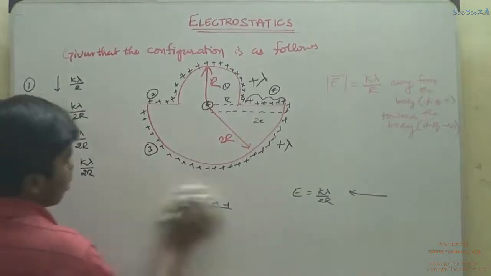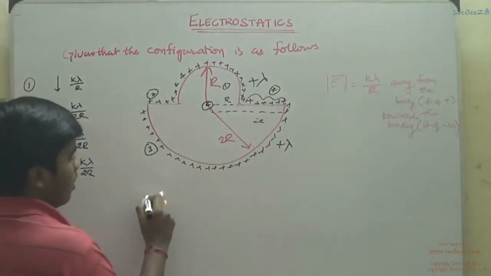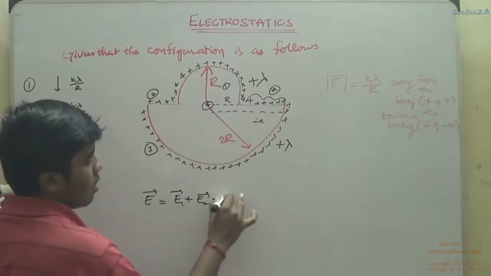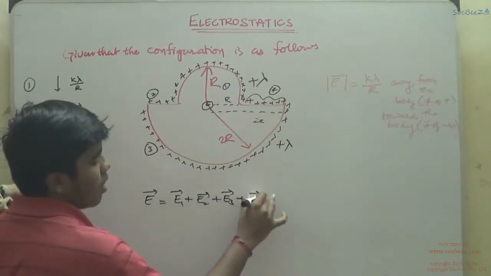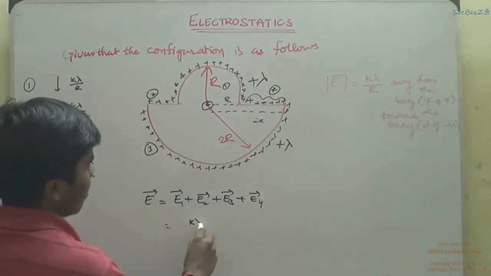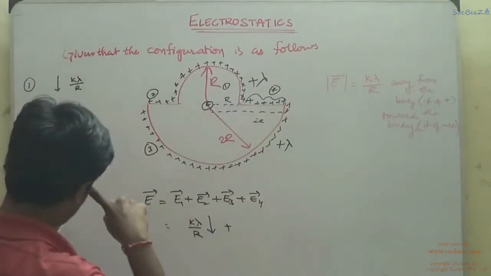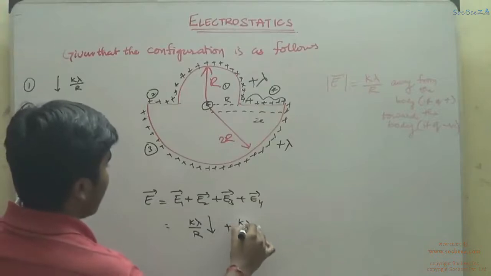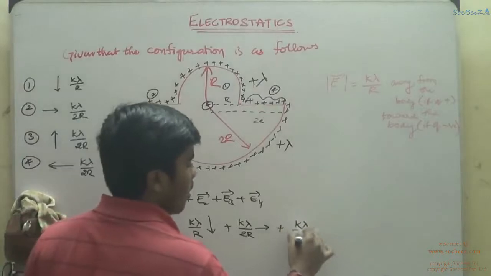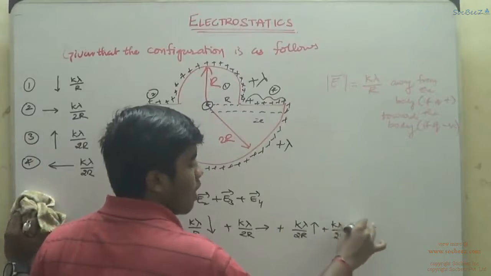Now we have found all the electric fields. The net electric field is equal to the superposition of all the electric fields, which is k lambda by r in downward direction plus k lambda by 2r in right direction plus k lambda by 2r in upward direction plus k lambda by 2r in left direction.